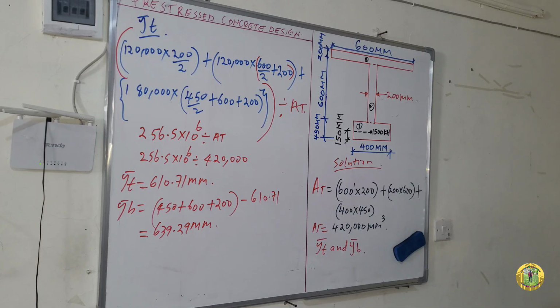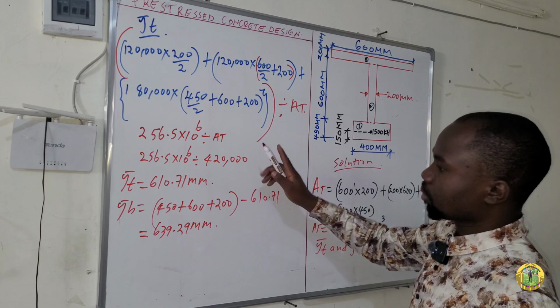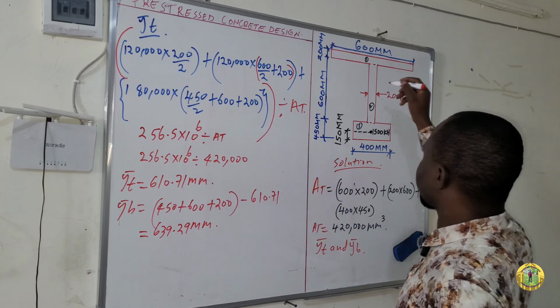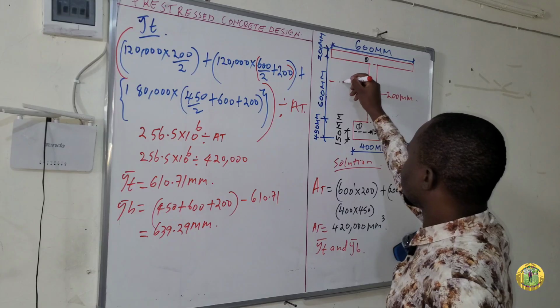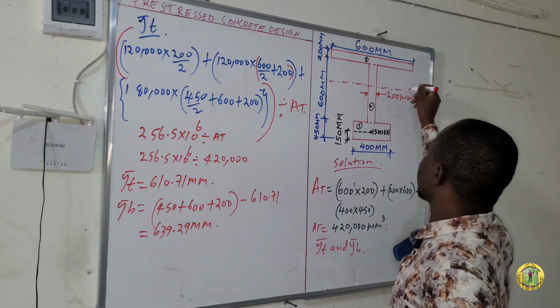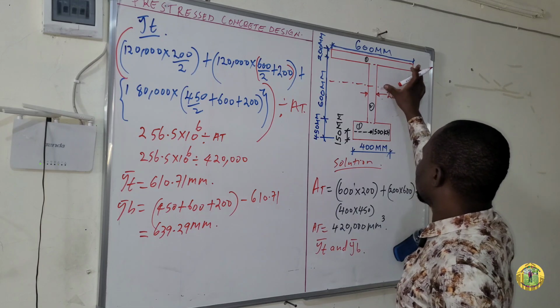So we can indicate on our section, as you can see, the y top is smaller than the y bottom. So if we can draw our y bar top and y bar bottom, this is how it will look like.